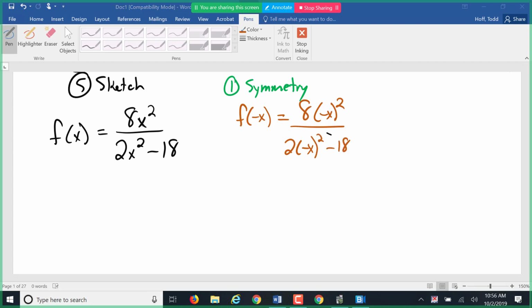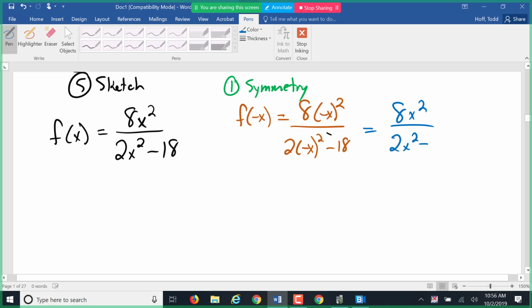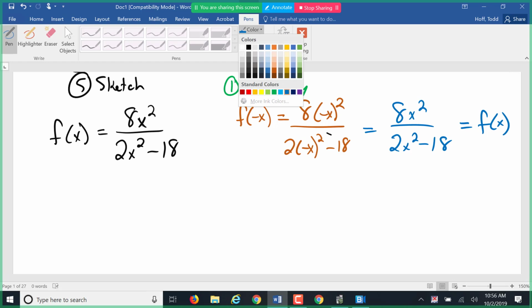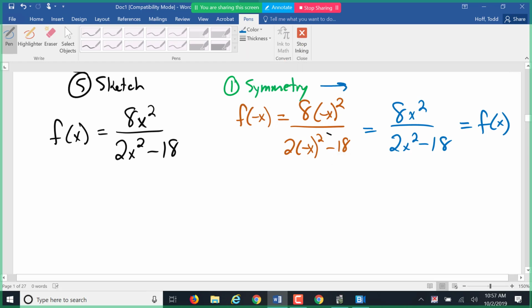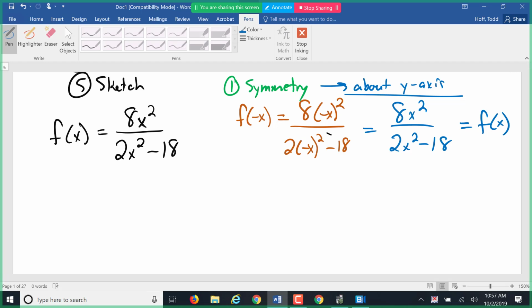Well, negative x squared is just x squared. So f of negative x is equal to f of x. This is an even function, and it is symmetrical about the y-axis. The reason that's important to know is because as we graph, anytime we plot a point on one side of the y-axis, there's going to be an equivalent point reflected around the y-axis.